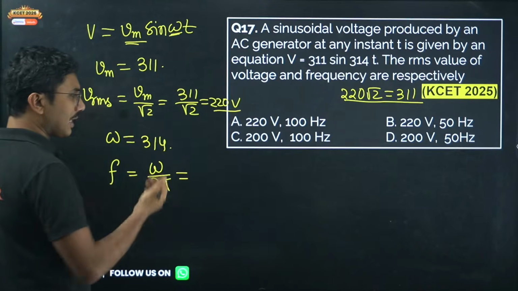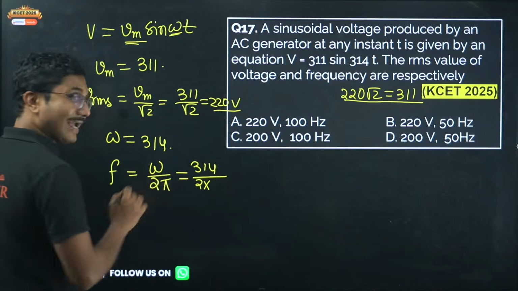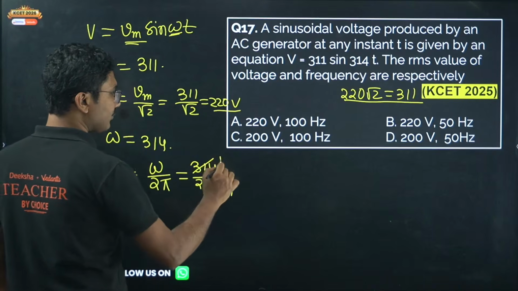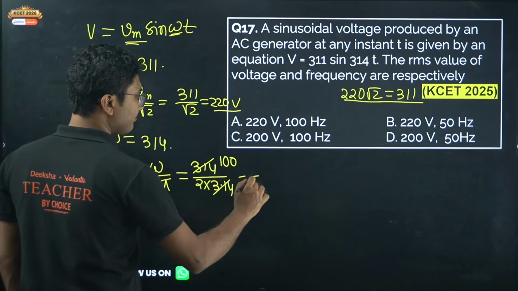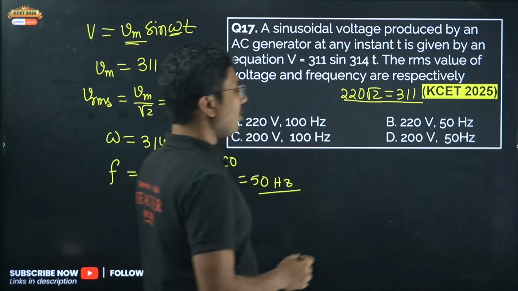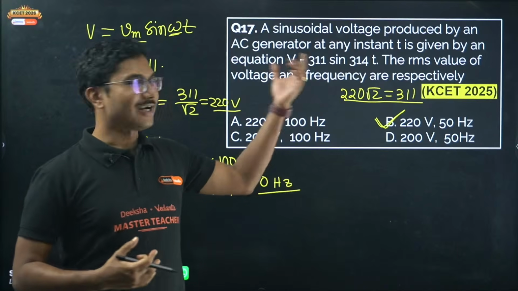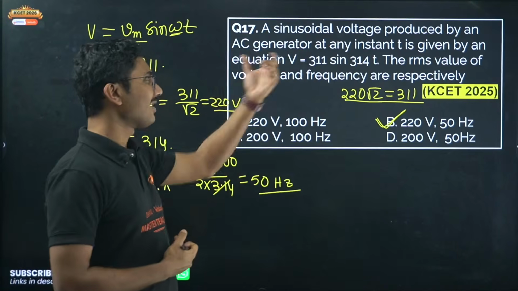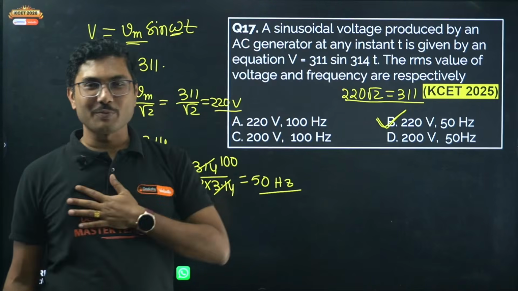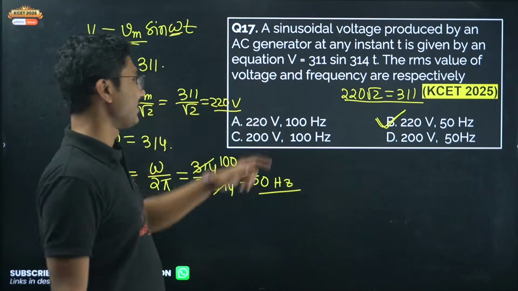Omega is 314, 2 into pi is 6.28, so from there we get 50 hertz. So 50 hertz is the frequency, and 220 volt is the voltage. This is our domestic supply. So the current or voltage that we receive in our day-to-day life is given by this equation. This is the equation of our domestic power supply. All our equipment actually works on this principle, right?